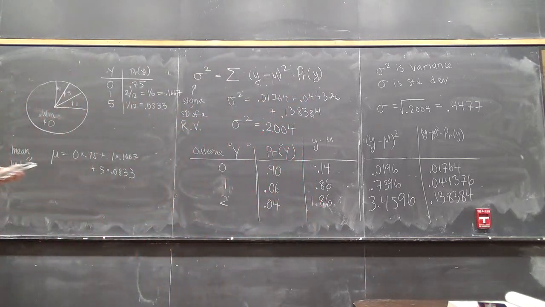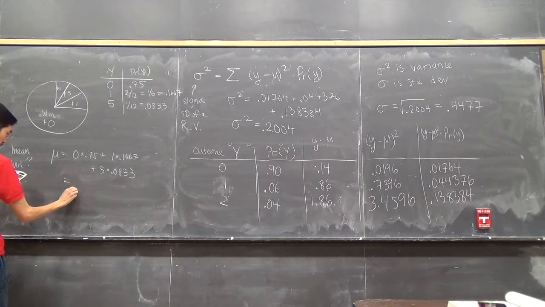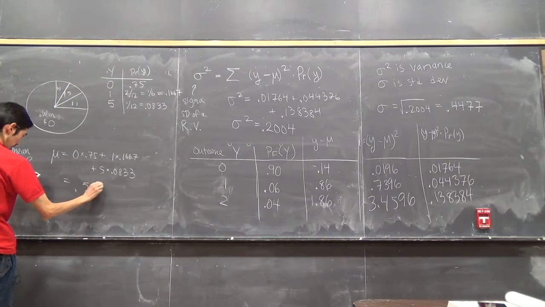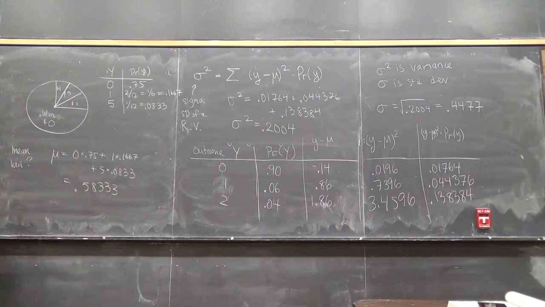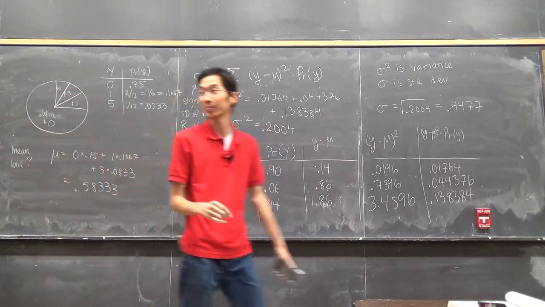Okay. And so the average amount you would win if you played this many, many, many times would be 58.3 cents per game.